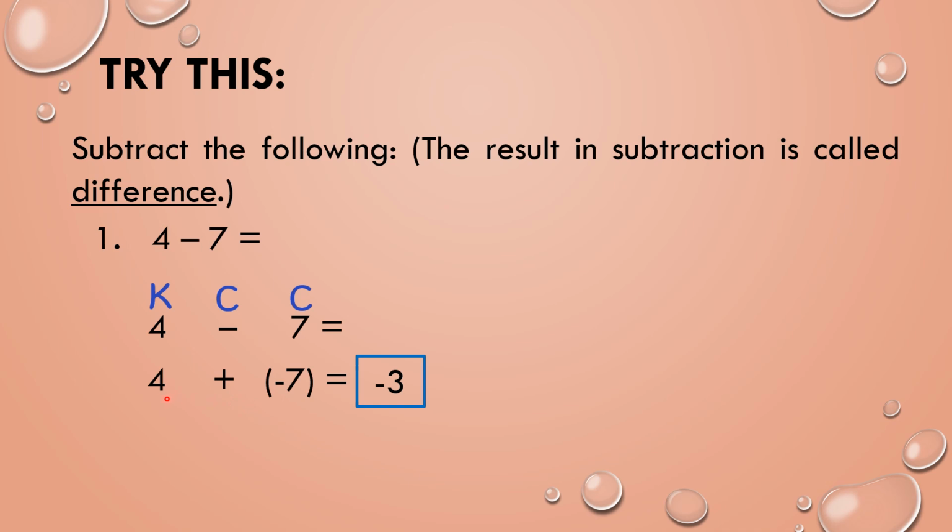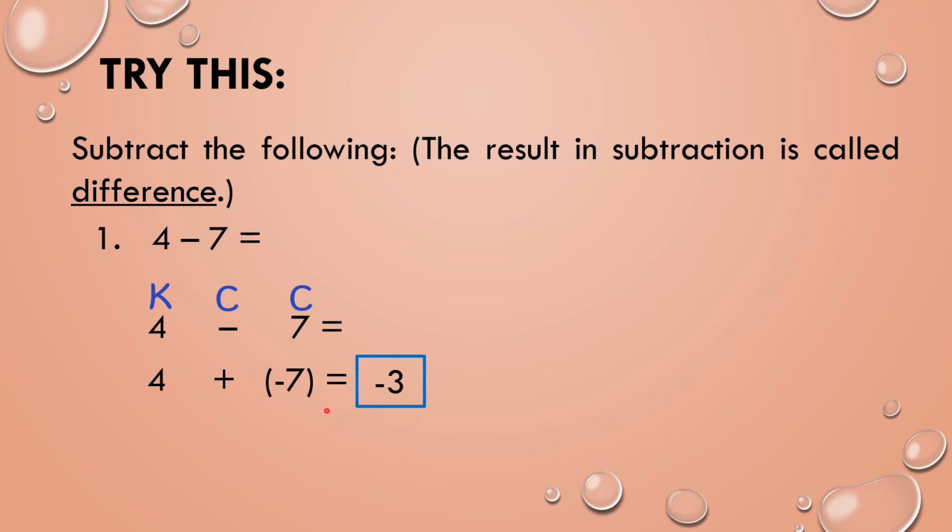May pera kayong 4 pesos, pero ang kailangan nyong bilhin ay 7 pesos. So may kulang pa kayo na 3 pesos. And then, since ang pinag-uusapan natin ay kulang, therefore, that is represented as the negative number. So 4 plus negative 7 is equal to negative 3.